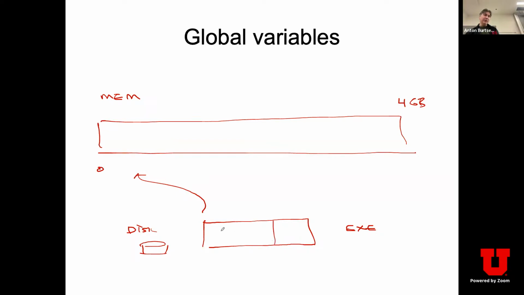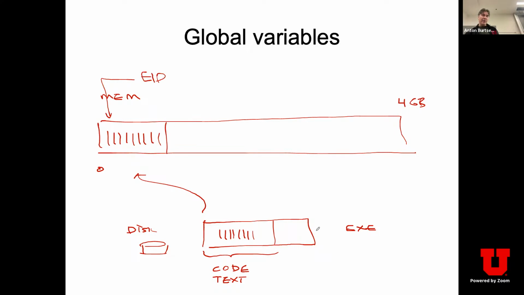We'll obviously load the executable part of the program, which we can call the code, or sometimes the text of the program. We have to load it here in memory, because the CPU will be executing it, so the instruction pointer will be pointing here. But also, as I said, there will be global variables, which will be in this data section, non-existent on disk but existing in memory.